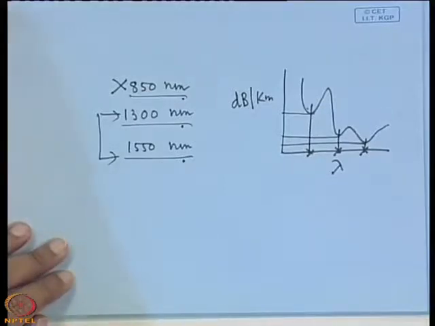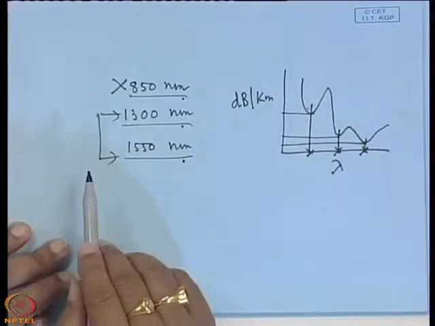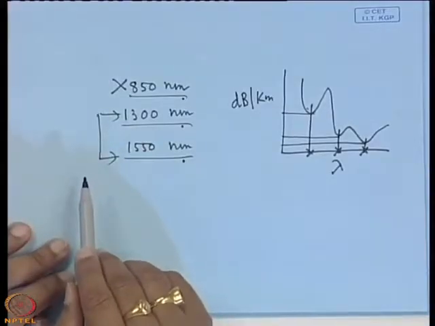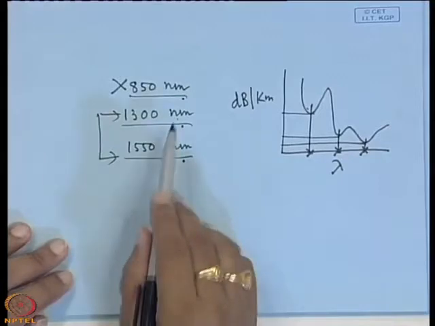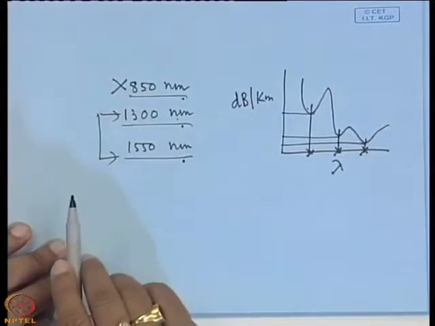Now, we have discussed many semiconductors, various kinds of semiconductors, and you know their band gaps. Some are narrow, some are wide, then silicon, germanium, indium phosphide, 3-5 semiconductors, 2-6 semiconductors, many types of semiconductors we have discussed. And you find that no semiconductor will be able to give you this kind of emission, because it depends on 1.24 by lambda.